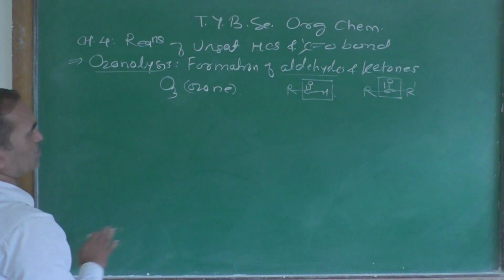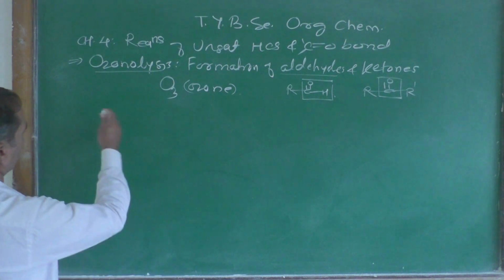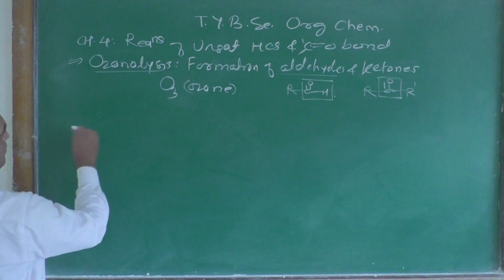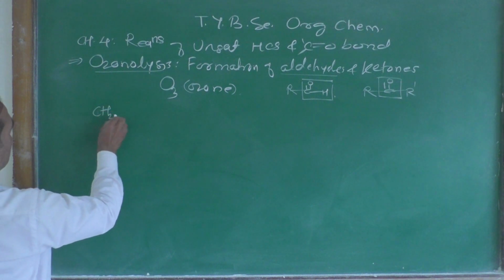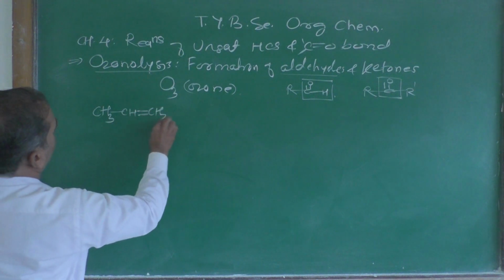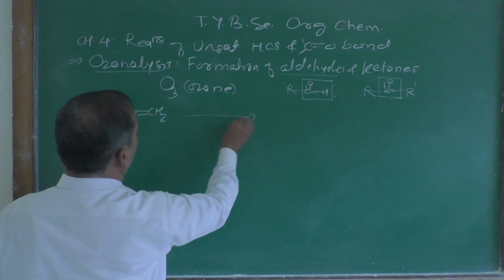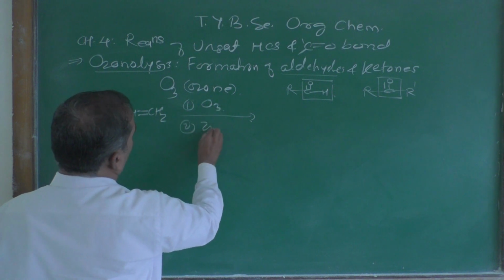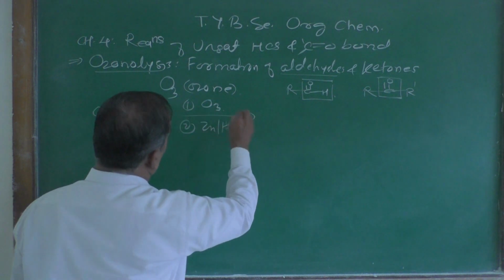First let us see a general reaction of ozonolysis. Suppose we take as usual an example, CH3 CH double bond CH2, and that will be treated first with ozone, and second with zinc in presence of water.